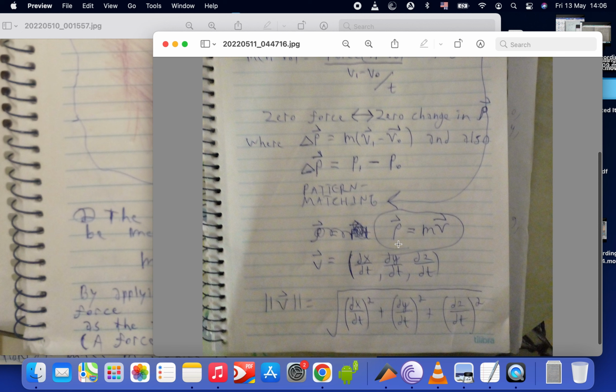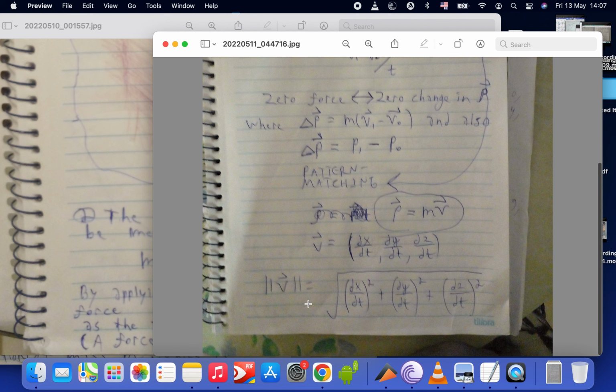So we have this expression, momentum is the mass times the velocity, where I circled this expression here. Momentum is a vector, and so is velocity, and mass is a scalar. I wrote down here what the velocity equals in terms of a vector, but I replaced the XYZ coordinates, which are space, by the rate of change of these coordinates in time, which is then the velocity vector.